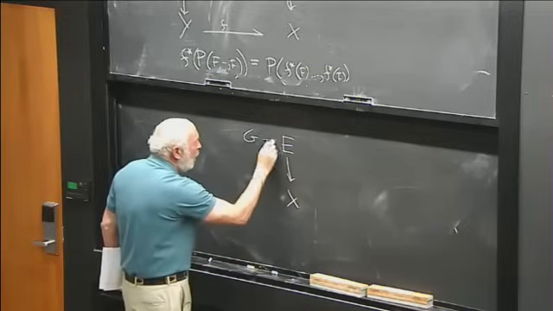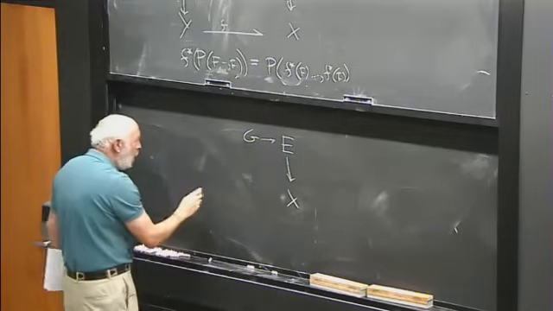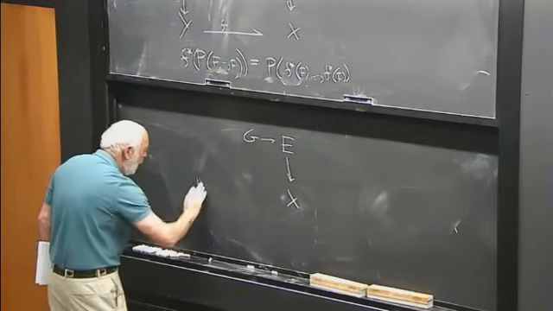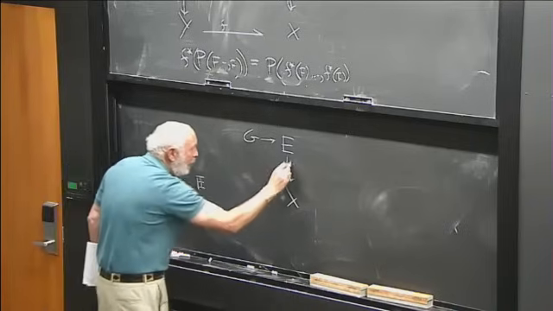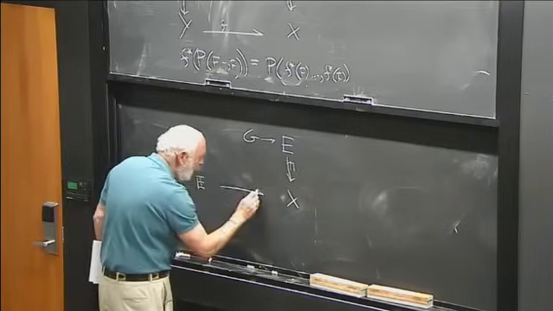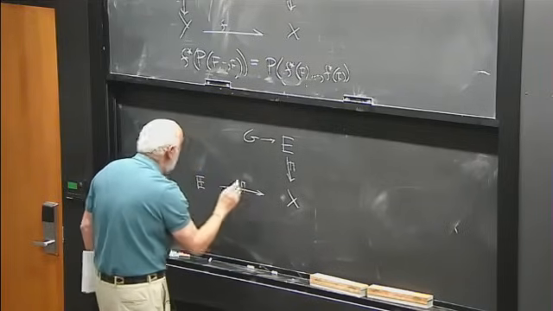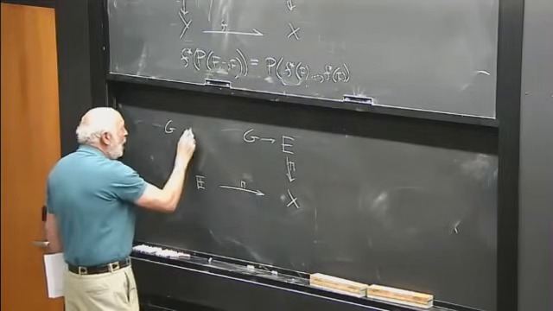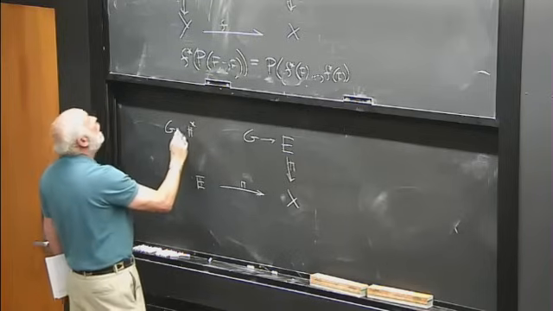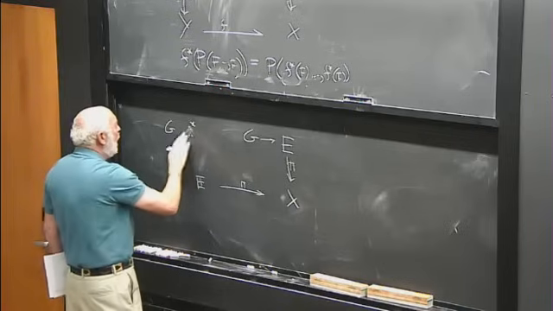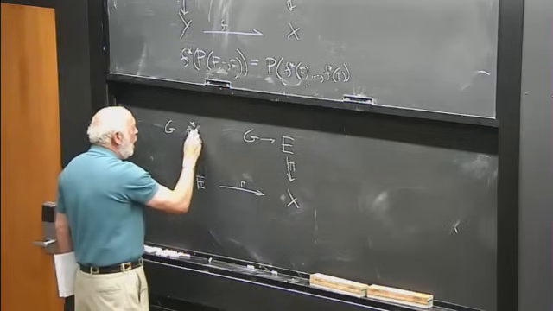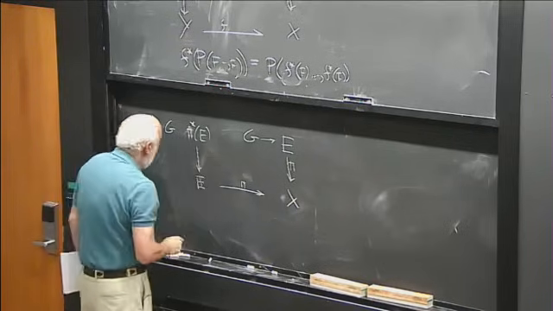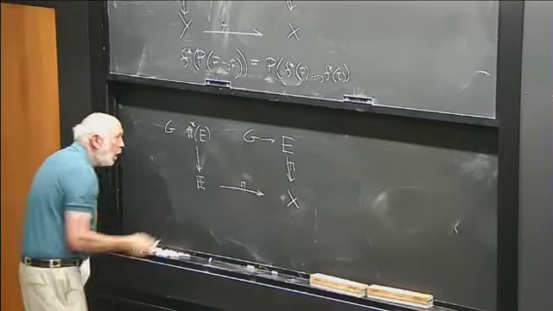And now over here I have E. And this was the map pi, and now I'm going to make this map, we'll call this map pi. So here I get G again, but here I get pi star. Now here I'm going to get pi star of E, mapping down to E, and the connections and all the rest.